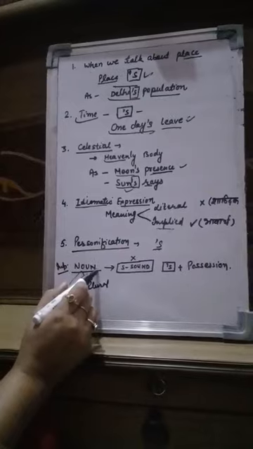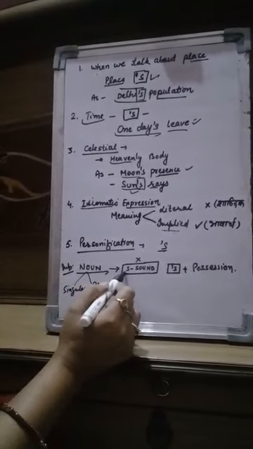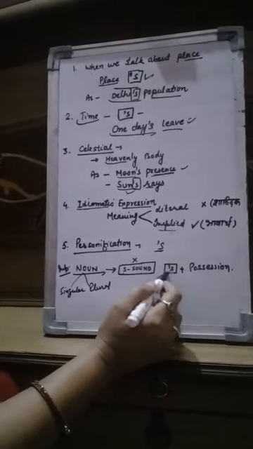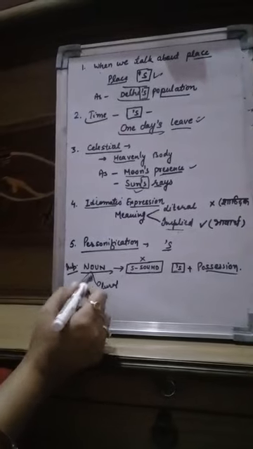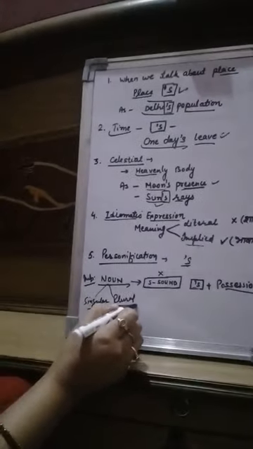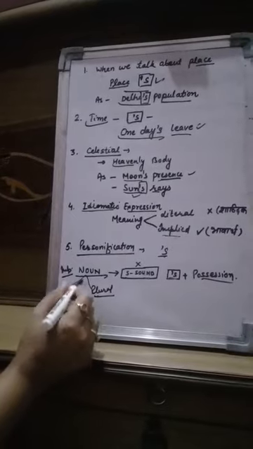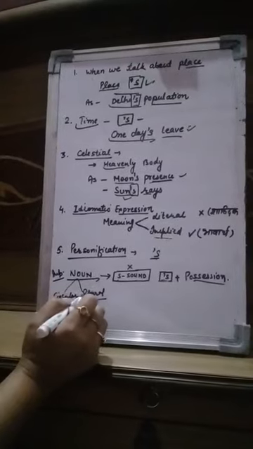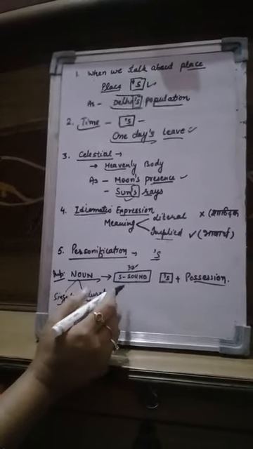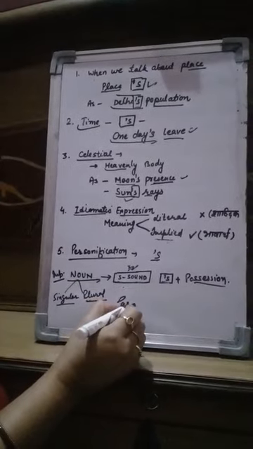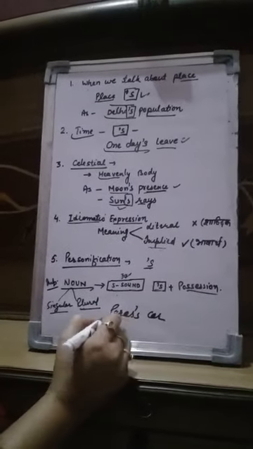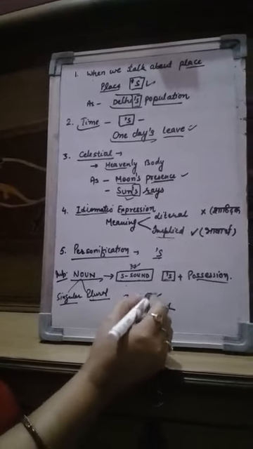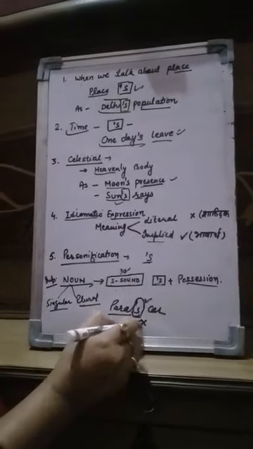Next, when a noun ends with an s sound, that is called a hissing sound, and we use an apostrophe or possession. The noun may be singular or plural. But in that case we don't use the hissing sound, as in Paras's car. We have a hissing sound, so we have to avoid it, and we don't use this case.